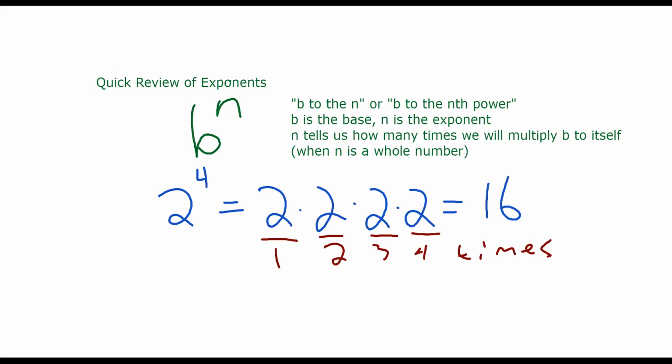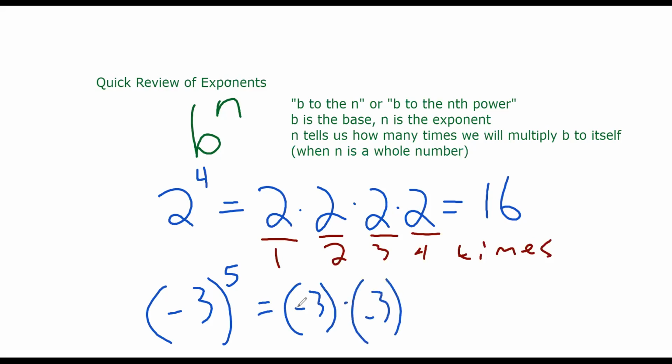Think about something like negative 3 to the 5th power. Notice the negative is in parentheses. So we're going to multiply negative 3 to itself so that it shows up 5 total times.